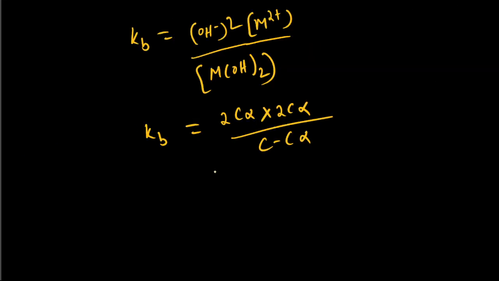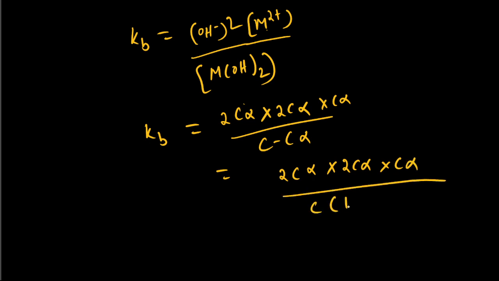So if I do it, 2C alpha into 2C alpha into C alpha, divided by C into 1 minus alpha. The C will cancel.